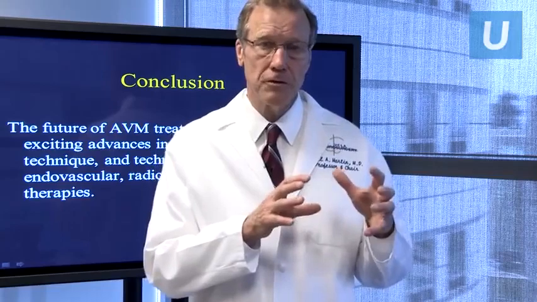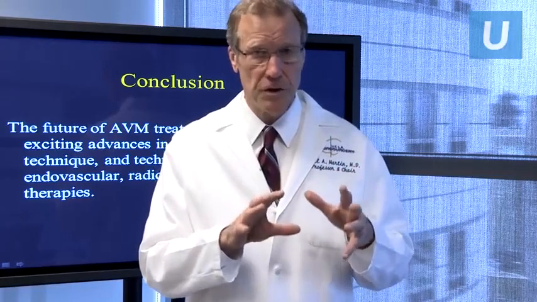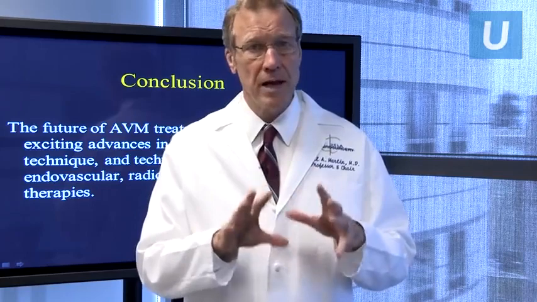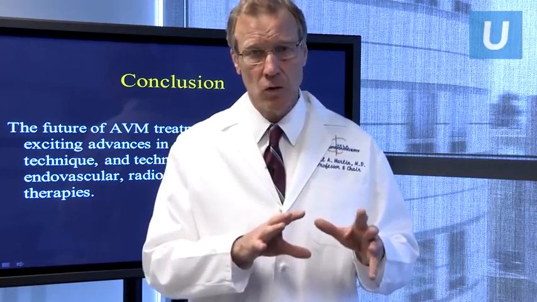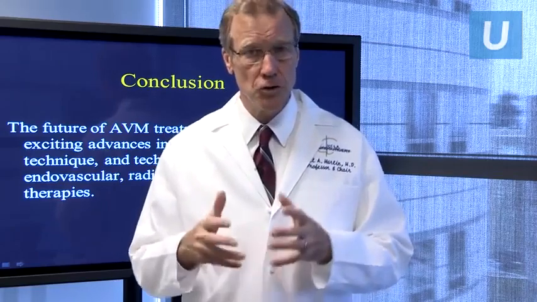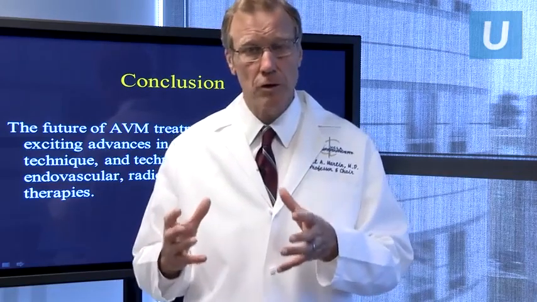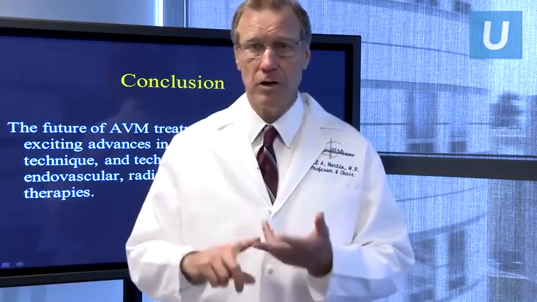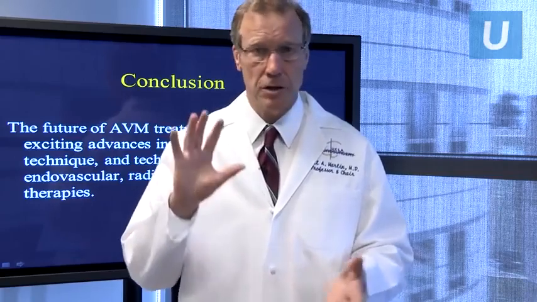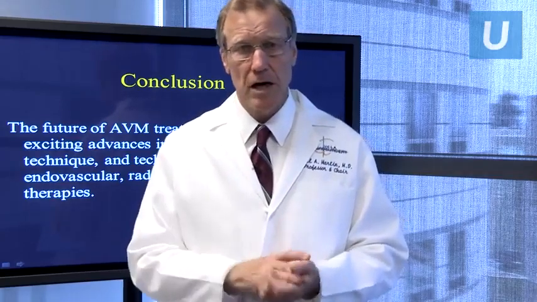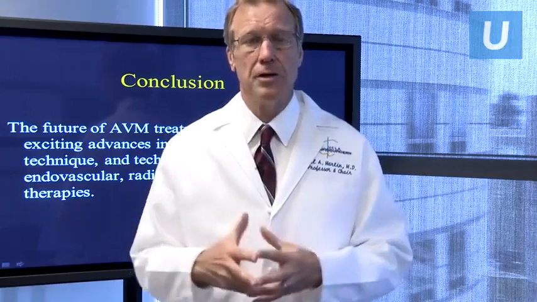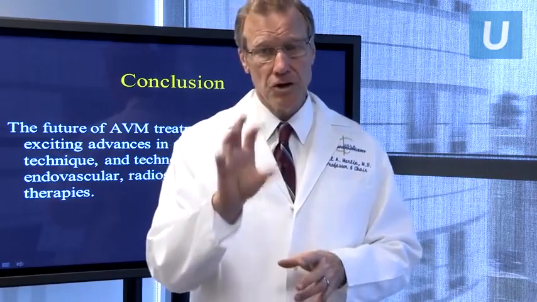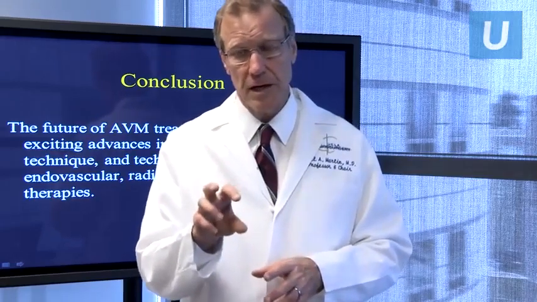So superficial arteriovenous malformations on the brain surface are ones where we may consider leaving them alone, not attempting any treatment, particularly if they're close to or adjacent to or incorporating critical control centers on the surface of the brain that relate to language function, reading, writing, speaking, comprehension, that relate to movement, critical sensation, that relate to other sensory functions like vision. So the judgment has to be made individually on each case.